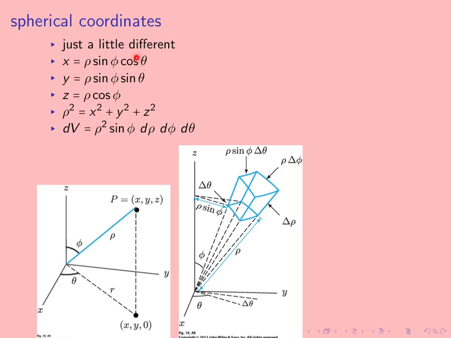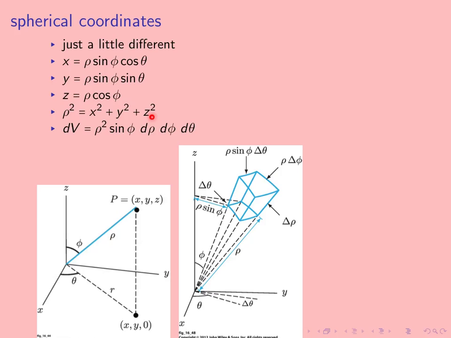And then the distance z above the xy plane is given by rho cosine phi. Applying Pythagoras' theorem twice, we get the relationship that the distance from the origin, rho squared, is equal to x squared plus y squared plus z squared.